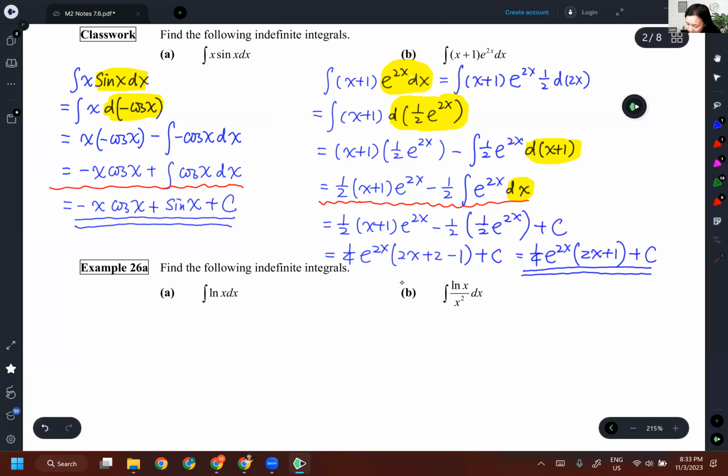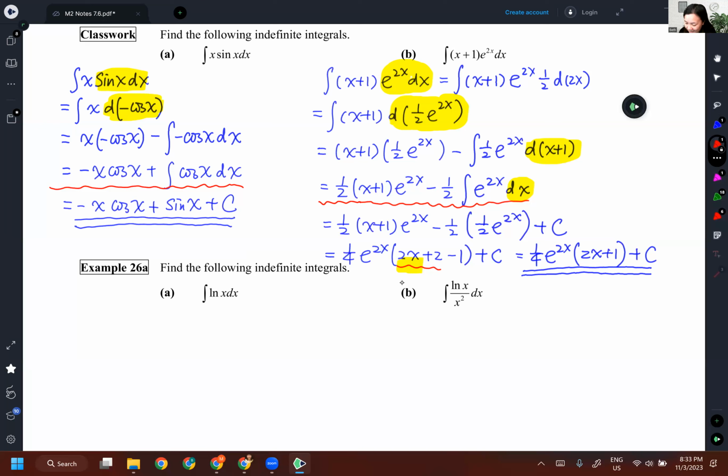Now, this is what's left inside the first bracket: 2x plus 2 instead of x plus 1, and then minus 1. So the answer is 1/4 e to the power 2x bracket 2x plus 1 close bracket plus c. I know it's the first task, but it's not easy.